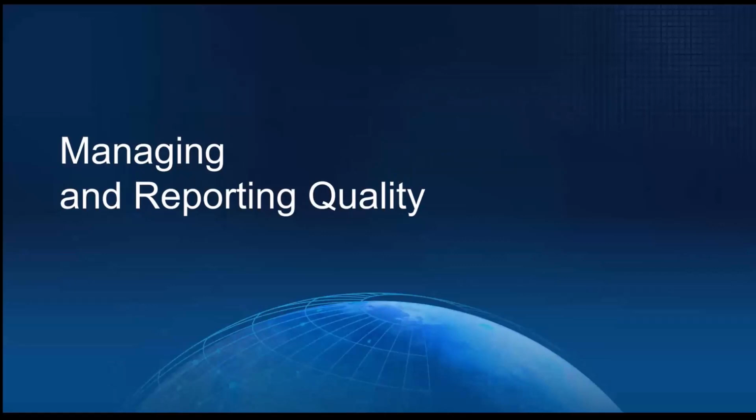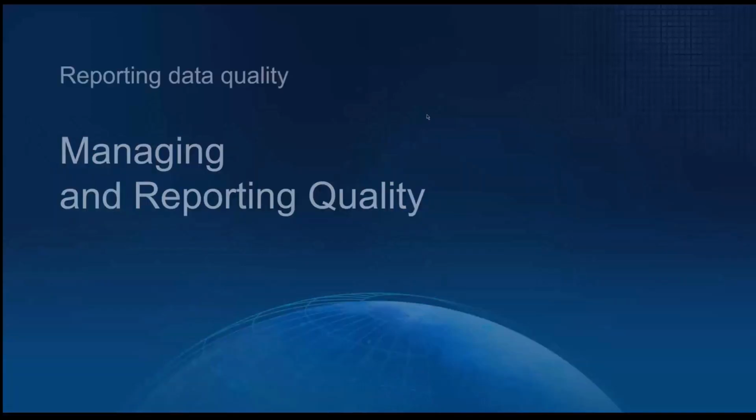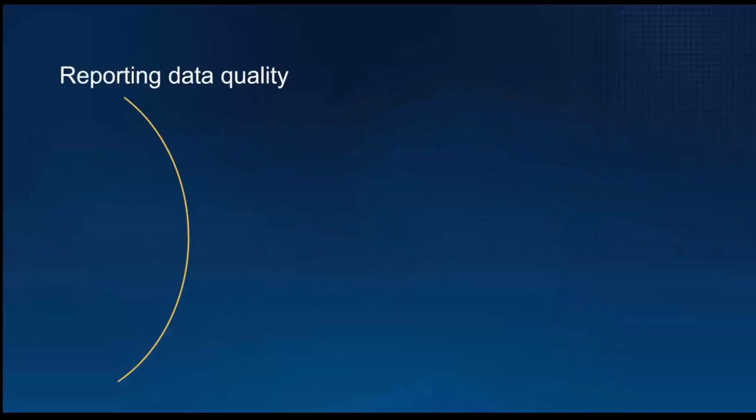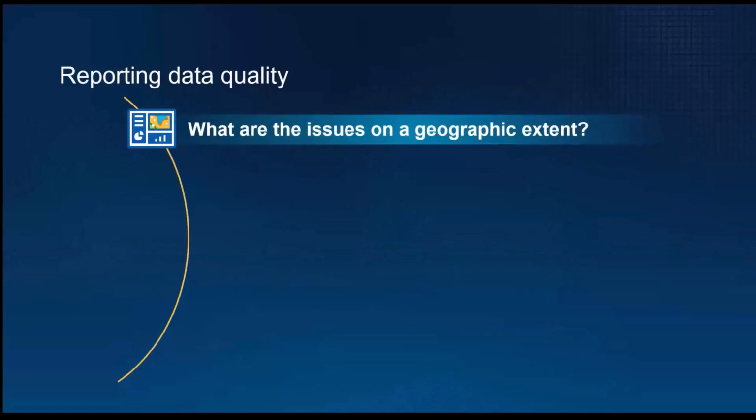All right, so we've gone through a bunch of processes of finding errors in different ways, and Mary's been showing finding errors with automated checks, finding errors in data using visual review workflows. How do we use that information? What kind of questions can we answer? So a lot of common questions from customers is, are the errors I'm finding specific to a geographic extent?